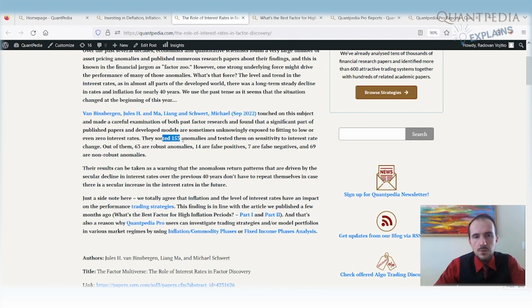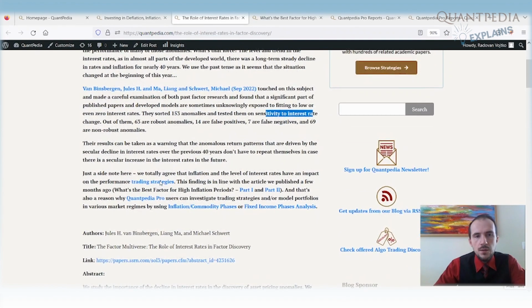They tested 153 anomalies and tried to measure the sensitivity to interest rates, and also to inflation. Less than half are robust anomalies, and there are a lot of anomalies that are not robust. It means they had their performance only because there was a low inflation and low interest rate period. The question is what we can do with that.